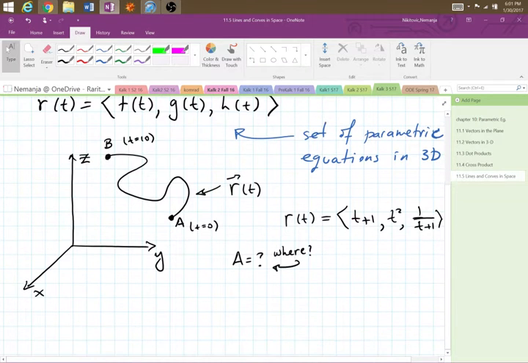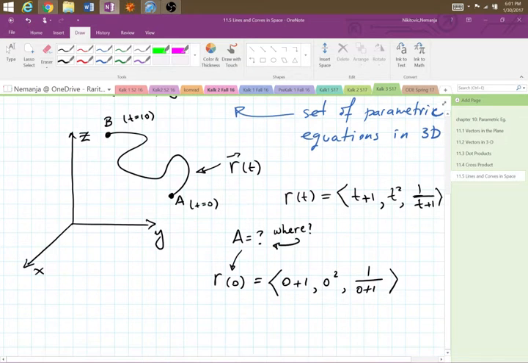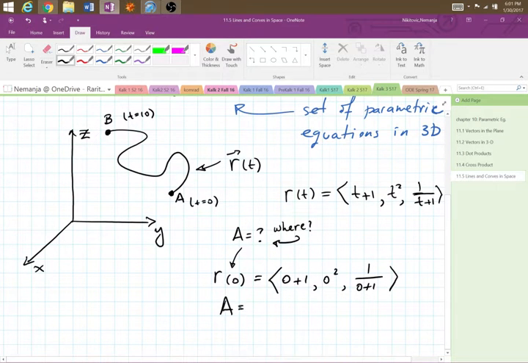That point A is going to be at r of 0. So you are plugging in 0: 0 plus 1, 0 squared, 1 over 0 plus 1, and you will get the vector, which is a location.